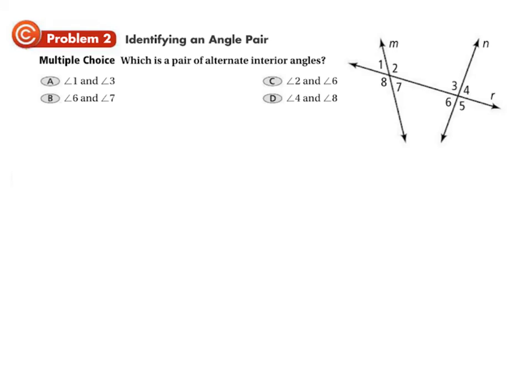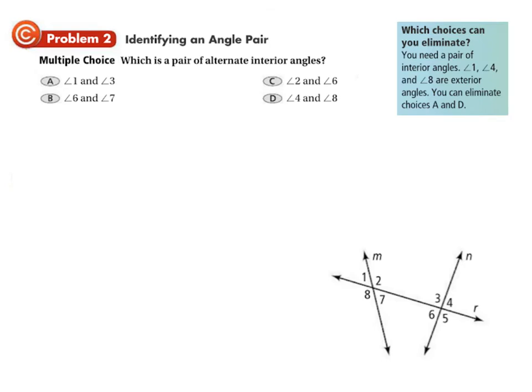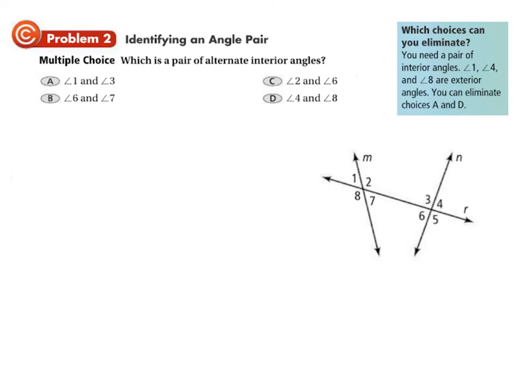Okay, so looking at this diagram over here, it says, which is a pair of alternate interior angles, and it gives you these choices. M and N are those 2 lines that are being crossed by the transversal line R. Now I'm going to move this out of the way a second so you can see this set of notes. Which choices can you eliminate? Well, what you are looking for are interior angles, so you can right away eliminate the exterior angles as possibilities, 1 and 8, 4 and 5.